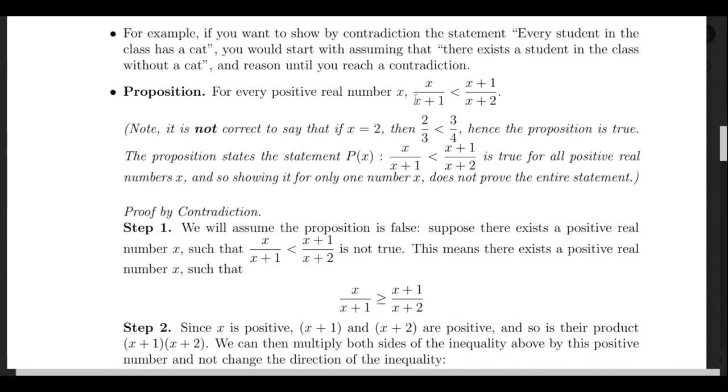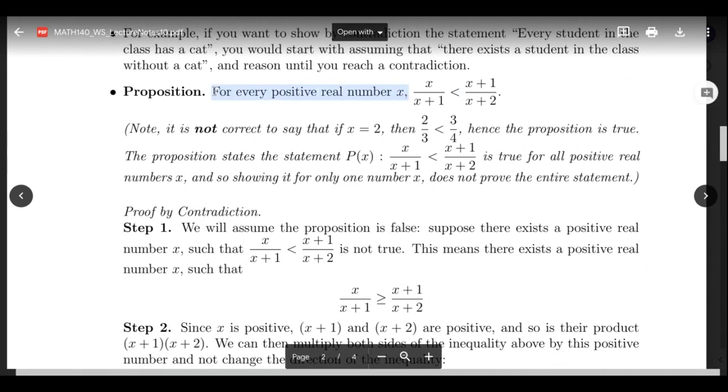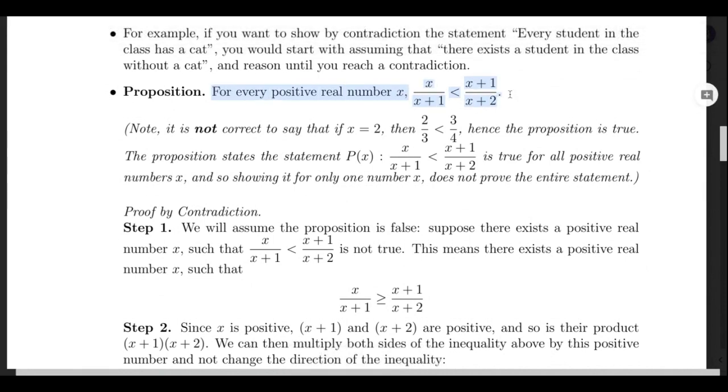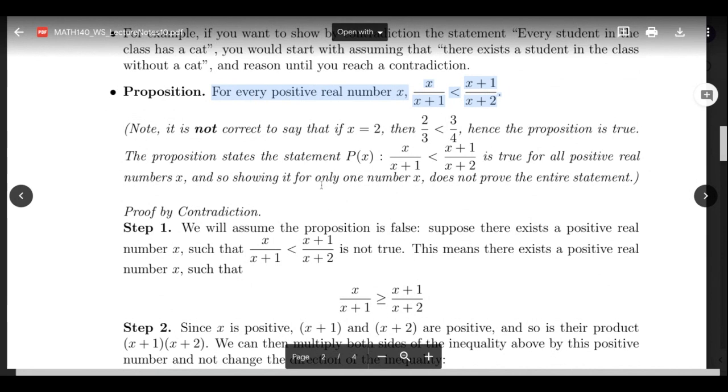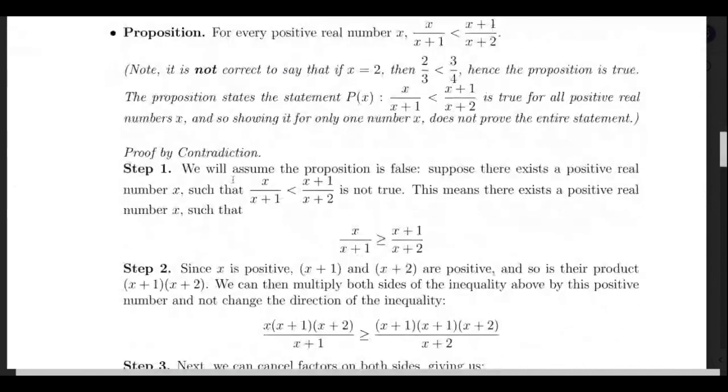We assume this is a false statement. So we will assume the proposition is false. Suppose there exists a positive real number x such that this is not true.